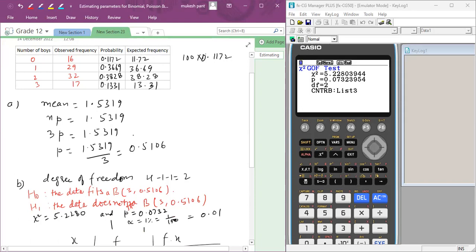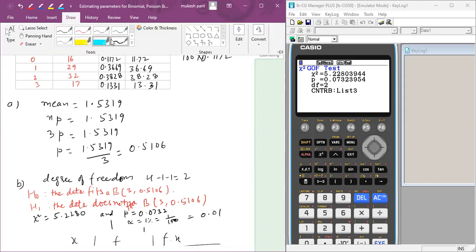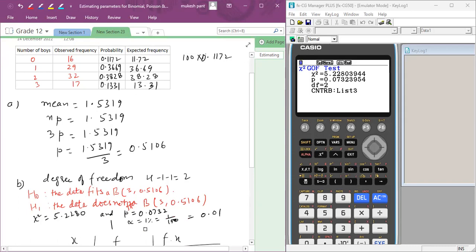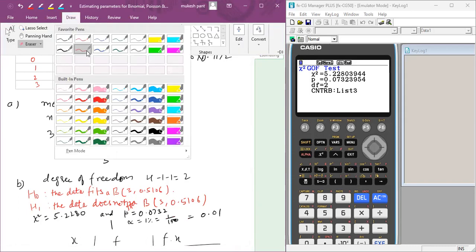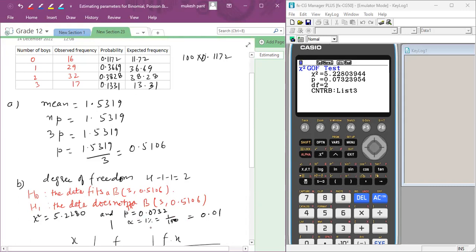Here you can see this p value, 0.0732, is greater than 0.01. So the p value is greater than alpha, so do not reject.